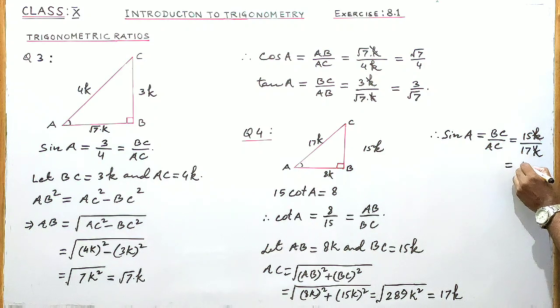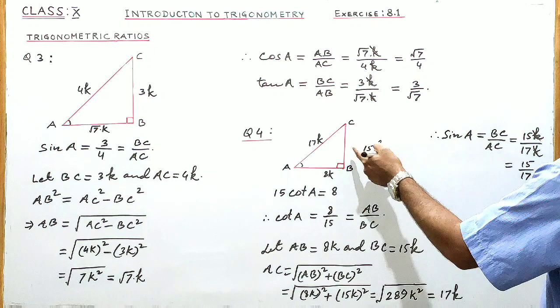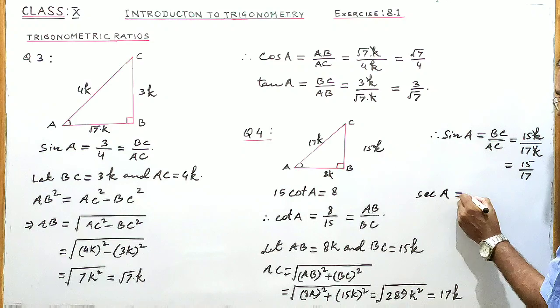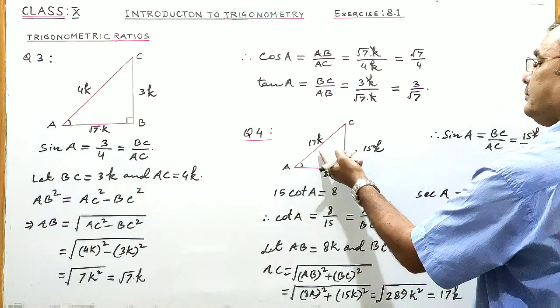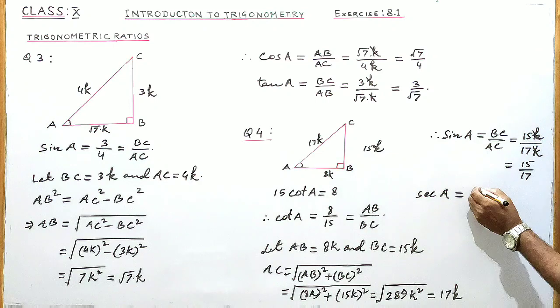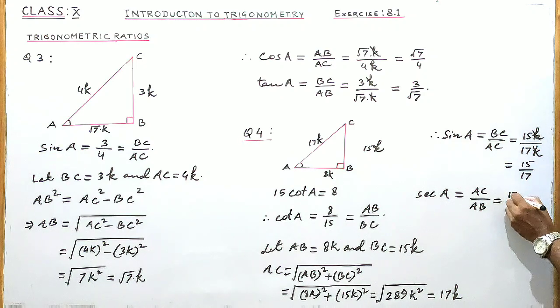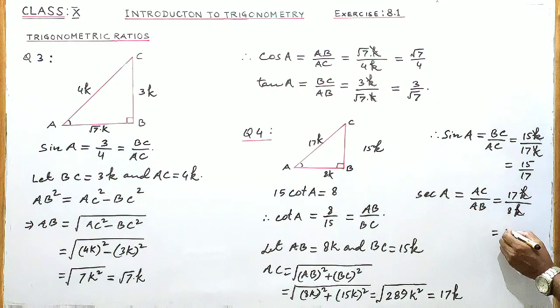K cancels, so 15 by 17, this is value of sine A. Now sec A. Sec of acute angle A is defined as hypotenuse by base. So AC by AB. AC is 17K divided by 8K. K cancels. So sec A is equal to 17 by 8.